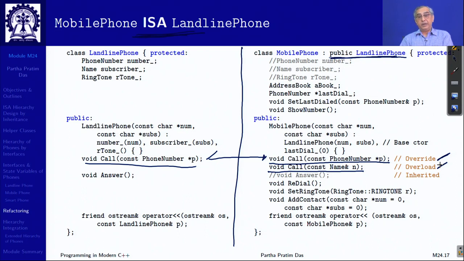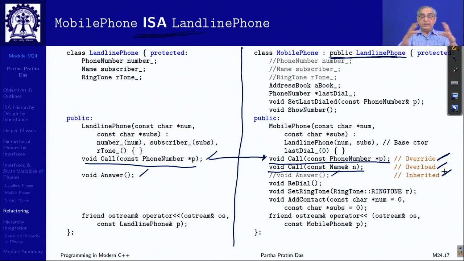I see that I have to answer. So, there is an answer in the landline phone, there is an answer here, and I have just assumed that there is nothing else, nothing specific that you need to do for the answer. So, I do not need to override it, I just inherit it. Your actual situation you will have to resolve out.